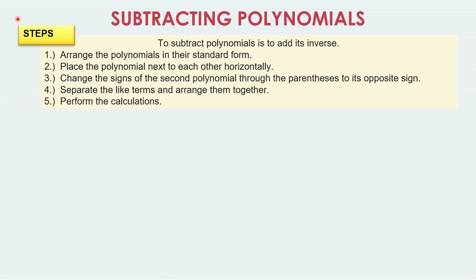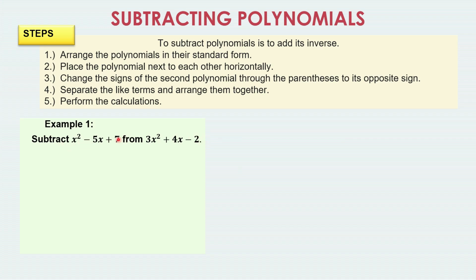So for us to fully understand the steps, let's have an example. Subtract x squared minus 5x plus 7 from 3x squared plus 4x minus 2. In this one, it's really important that we understand which is the subtrahend and which is your minuend.